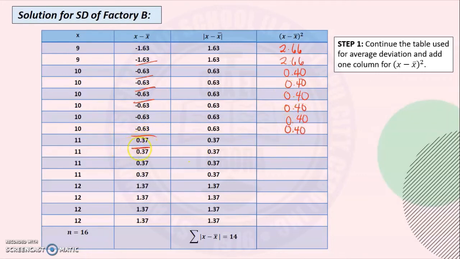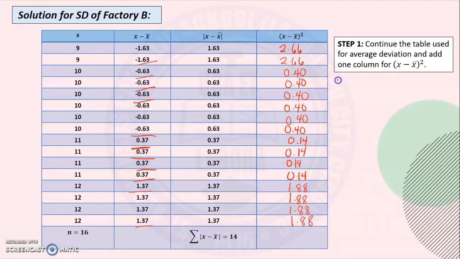Now, 0.37 squared, the answer is 0.14, so we are going to write the square, 0.14 and 0.14. Last, we have 1.37. 1.37 squared is 1.88. So, this is 1.88, and still 1.88.